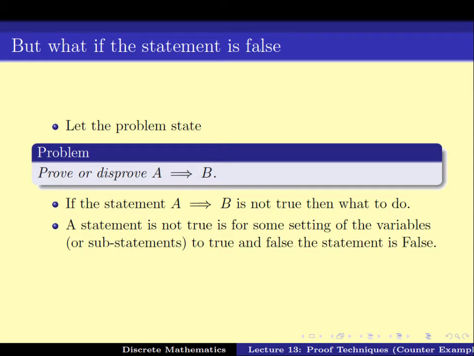The thing to note here is that a statement is not true if for some setting of variables to true or false, the statement is false. Meaning, can I somehow set the variables to true and false and get a false statement, like true implies false?